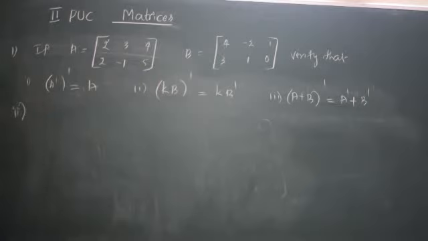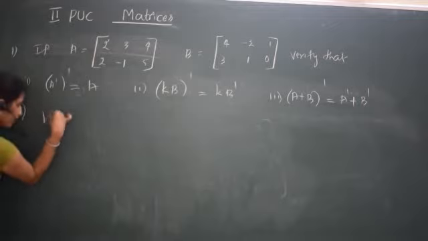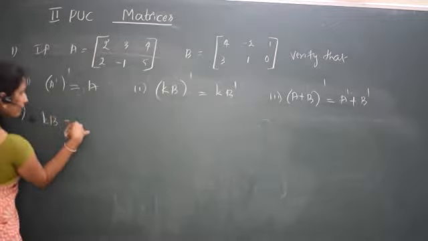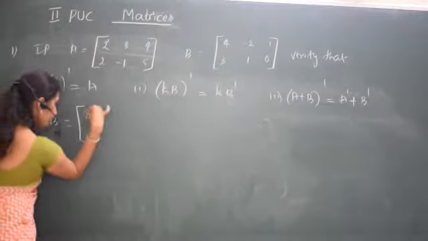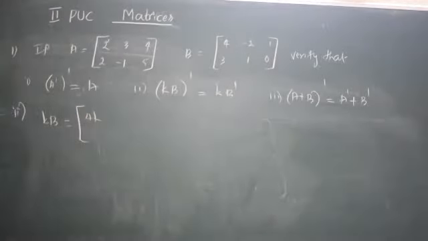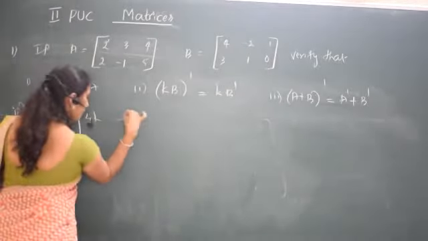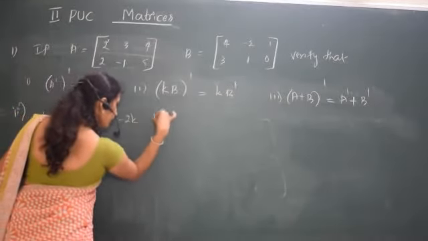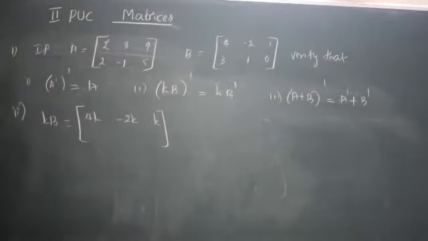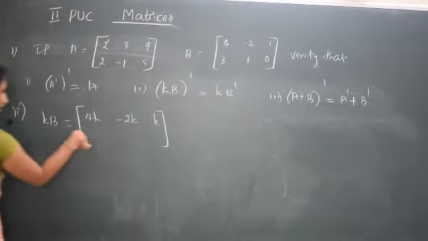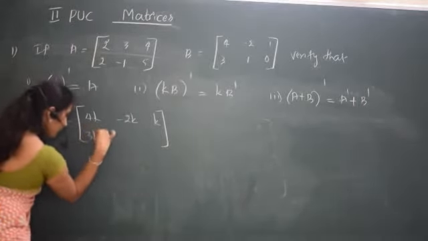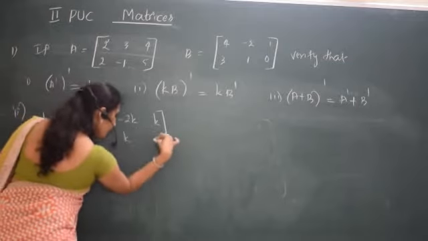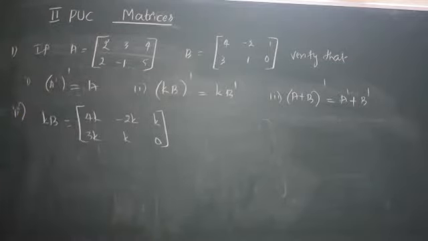First we have to find out K into B. B is given, K into B means each entry is multiplied with K. So K into B is equal to 4K, minus 2K, 1K, then the next row is 3K, 1K, 0. So this is K into B.